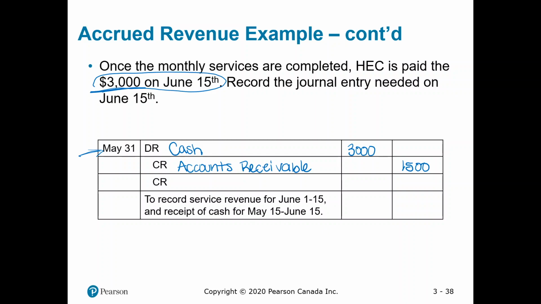But we also need to record the other half of the revenue because we've now done this work from June 1st to 15th. So we've earned the rest of this contract. So we're also going to credit service revenue for the rest of the amount that's been earned. So it's really important when you're doing these to think what's already been booked, what is left still to recognize. So we can't book a full amount to service revenue. We need to get rid of this AR and only book the half that hasn't been recorded yet.